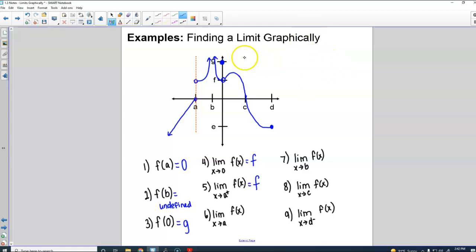You really don't have to start all the way over here. You could start right here, right side of that orange dotted line. And then it goes right here. And then once you get to that point from that right side, you're looking over here to whatever the y coordinate is, which it tells us is f.